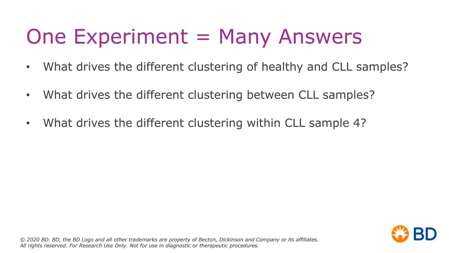What drives the different clustering of the healthy and CLL samples? Why are they uniquely distinguished from each other? Then, what drives the different clustering between the CLL samples themselves? They're all CLLs. Wouldn't you think they would be similar in some way? And taking it a step further, what drives the different clustering within CLL sample number 4?